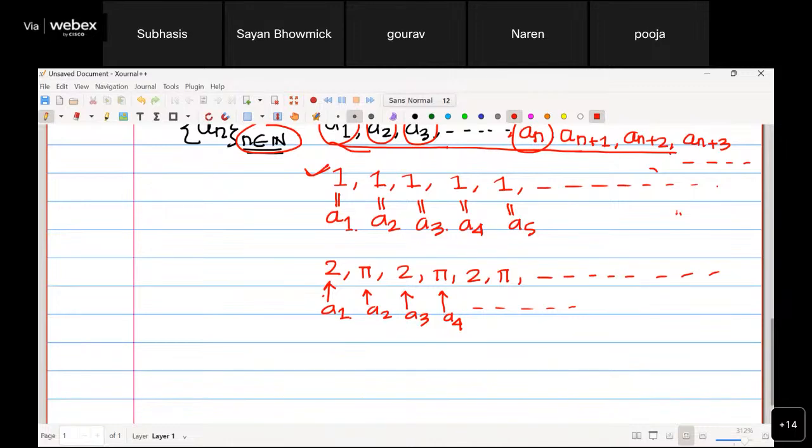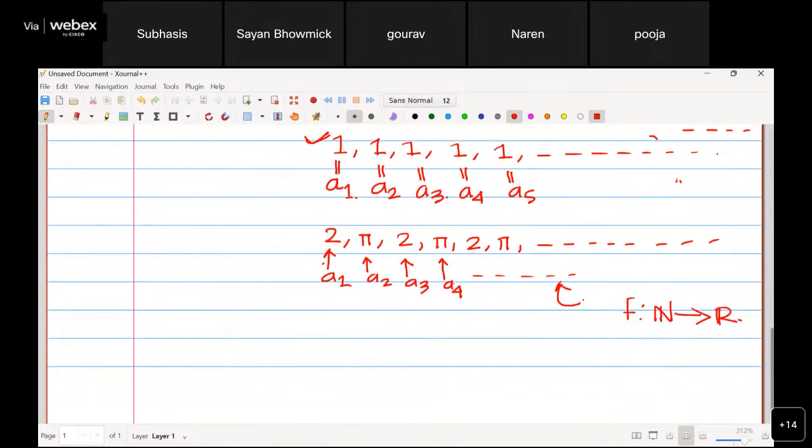One way of describing this sequence is to write it in the form of a function. My sequence is f of n is 2 if n is odd, and f of n is pi if n is even.